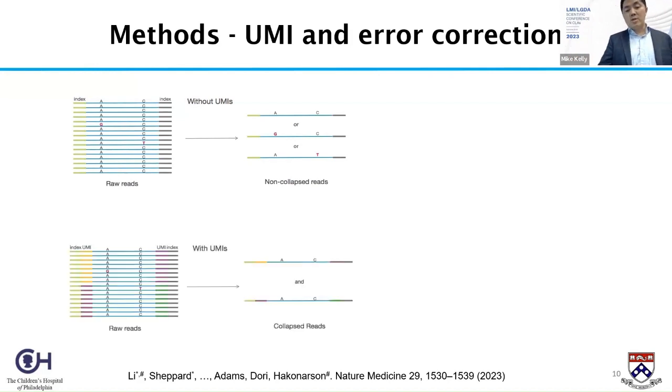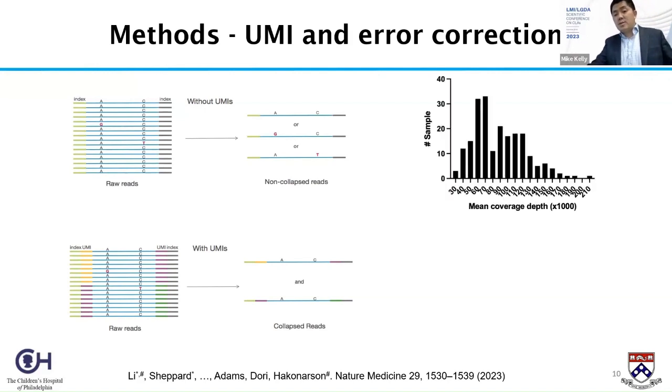So we came up with a solution: we add a UMI sequence to both ends of the DNA fragment. UMI stands for unique molecular identifier. We can collapse the reads and get rid of the random errors that occurred during the process, and in this way we can confidently call the variant from the collapsed read families, as shown here.